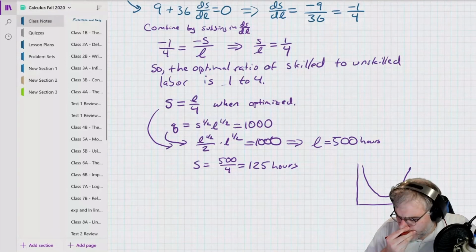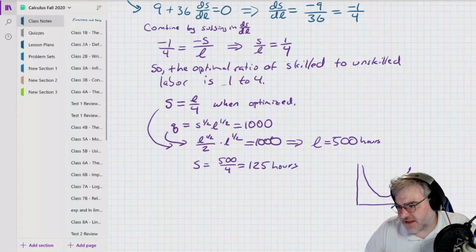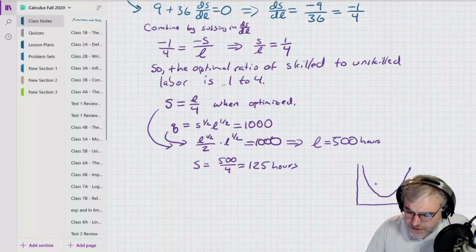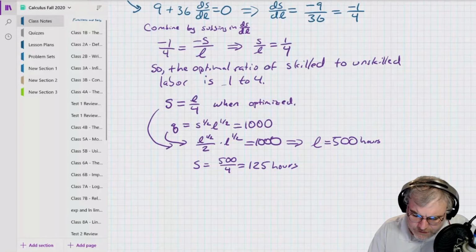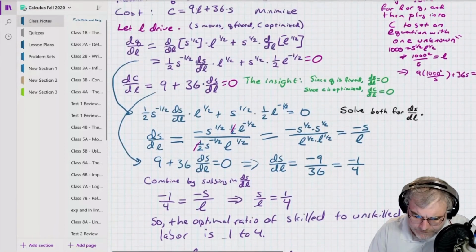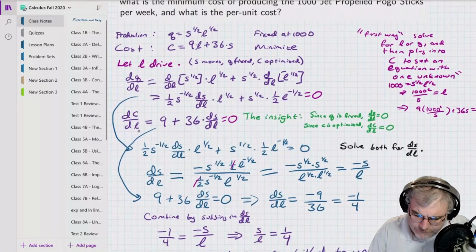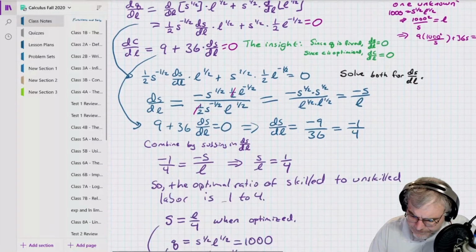The first or second derivative. I can do a first derivative test. The first derivative test is easier. Okay, so let's do the first derivative test then. My derivative here is dC over dL equals 9 plus 36 times dS over dL.